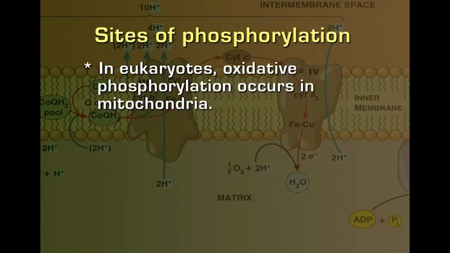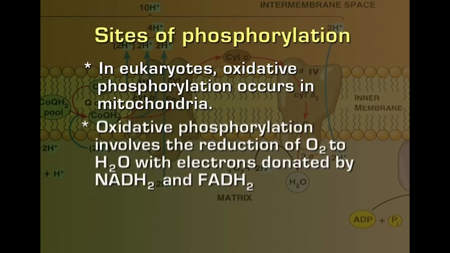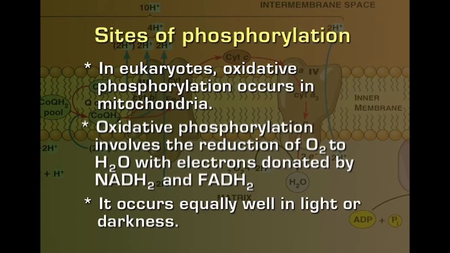The site of phosphorylation in eukaryotes is the mitochondria. And oxidative phosphorylation involves the reduction of oxygen to water with electrons donated by substrates like NADH2 and FADH2. It occurs equally well in light or darkness.